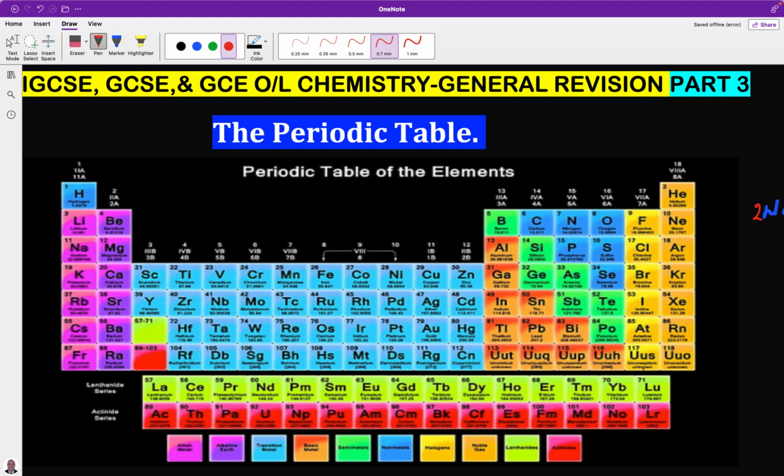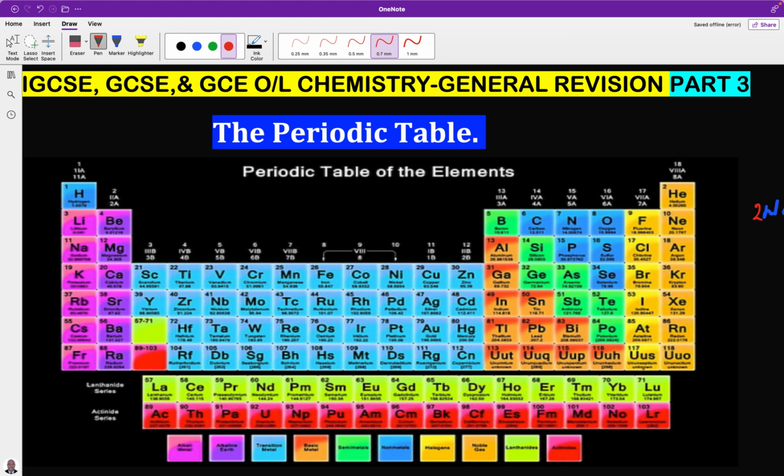In terms of their reactivity, you will see that the halogens, their reactivity is increasing up the group. As you go up the group, their reactivity is increasing, with fluorine being the most reactive.